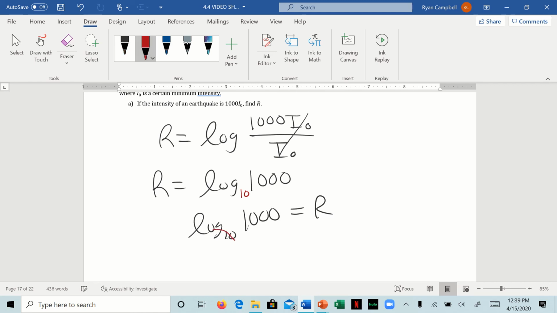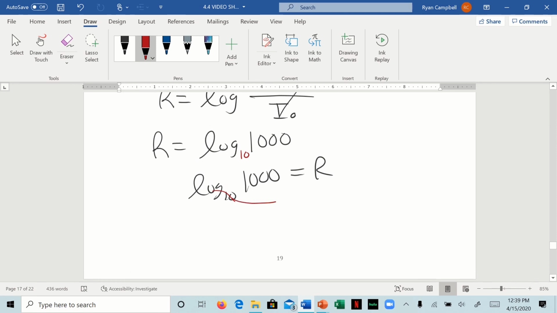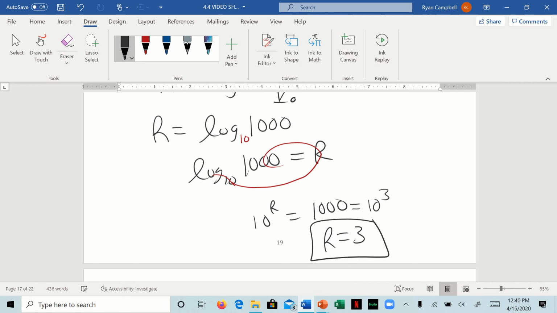So if we want to put it in the other form to make it make a little more sense to solve the problem, we see 10 raised to the r equals 1,000. Hopefully you can see, since there are 3 zeros, that's the same as 10 to the third, right? So r is just 3.